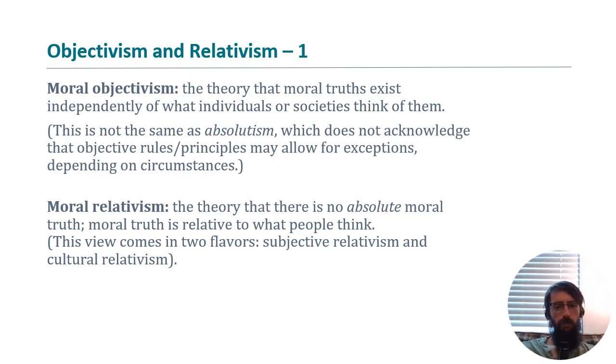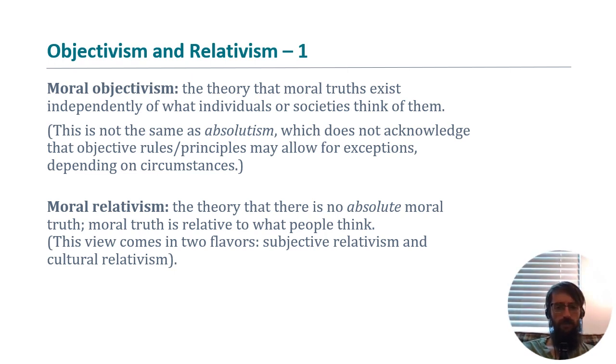When we're talking about moral objectivism, it's important to see that moral objectivism is not the same view as a view that we might call absolutism. Absolutism says that there are strict moral rules that can never be broken. So maybe a rule like cheating is always wrong or stealing is always wrong. According to absolutism, it's never okay to break these rules.